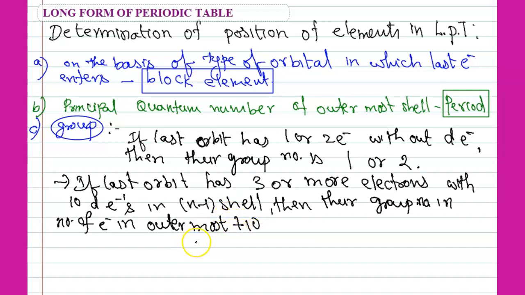Suppose the last orbit has 1 or 2 electrons, here 3 or more electrons. Suppose it has less than 3.